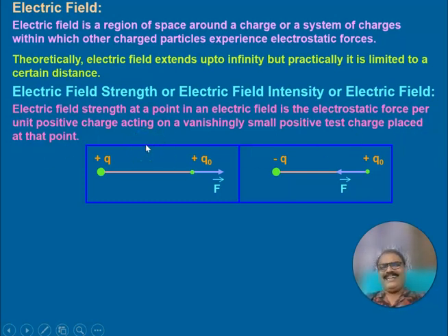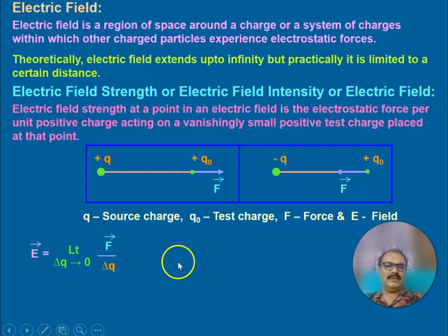If English is troubling you, simply listen: it is the force on a vanishingly small test charge kept at a particular point in the presence of the electric field. That's it. You can write it in your own English, but the meaning should come. Whatever you are understanding here is fine.